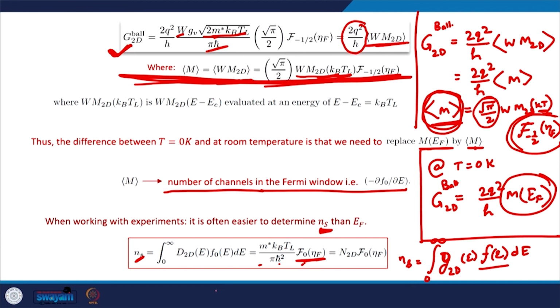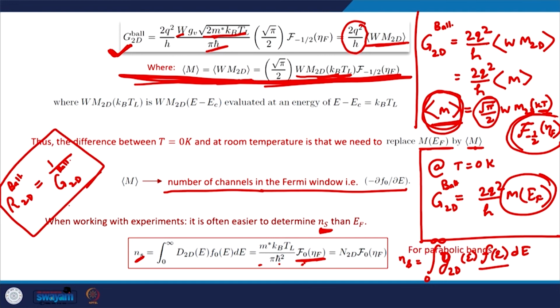So, the resistance of a ballistic conductor at room temperature will be just the inverse of the conductance. And as we saw from our classical theory of transport, the resistance is directly proportional to length, but in this case both at 0 Kelvin and at room temperature resistance is independent of the length, in the case of 2D conductor.